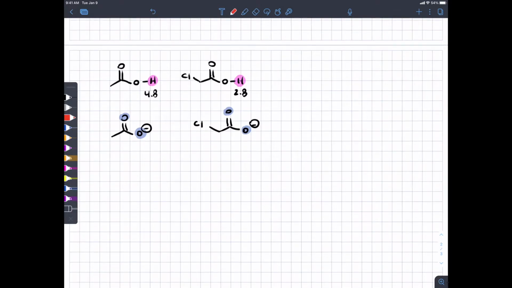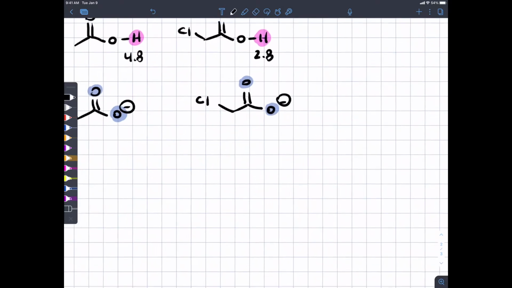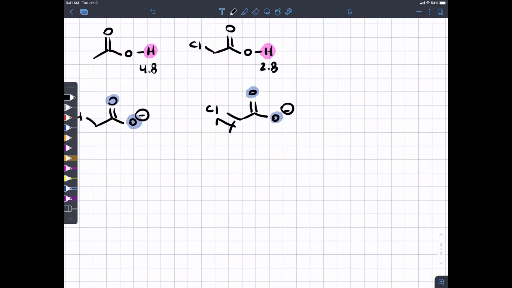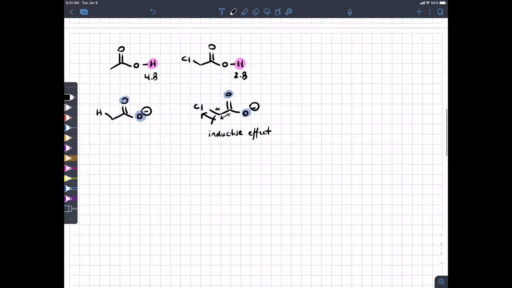The key difference is the presence of a electronegative chlorine, which pulls electron density away from the alpha carbon, which in turn pulls electron density away from the carbonyl carbon, which in turn can sort of pull electron density away from the negatively charged oxygens. This is called an inductive effect. It's called electron withdrawal via an inductive effect.